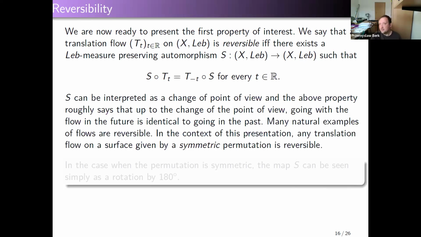Actually, many natural examples of flows are reversible. The example I want to give you is when the permutation that created the surface was a symmetric permutation, which means that the first interval goes to the last interval, the second goes to the penultimate interval, and so on.